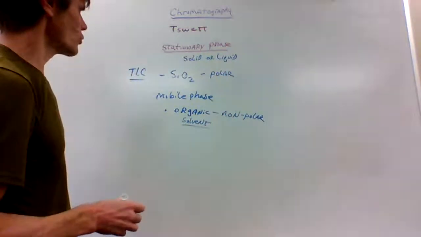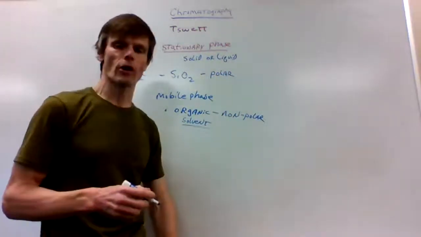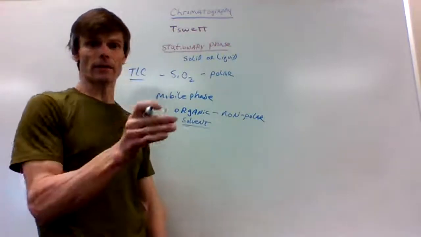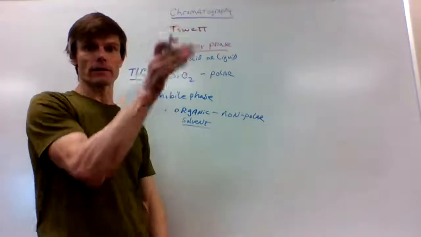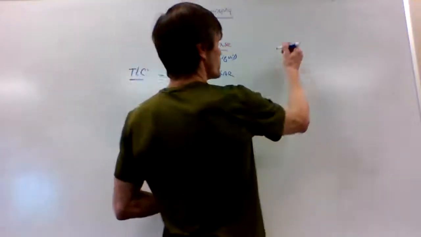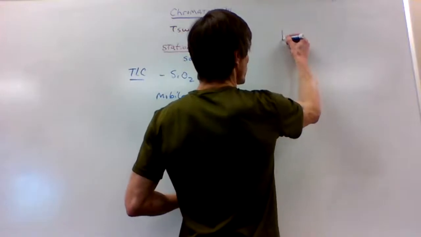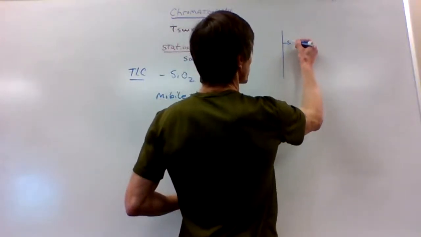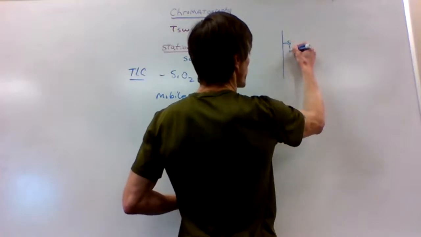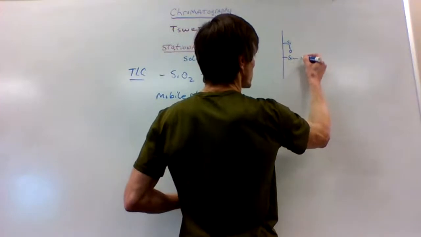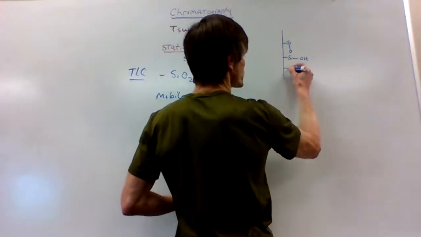So what we do in using thin layer chromatography is we use a glass slide that has the silica sort of like painted on there. It's a gel. And what the surface has on it, if we look at it from a side point of view, it has silica groups that have exposed oxygens and hydroxide groups off the silica.